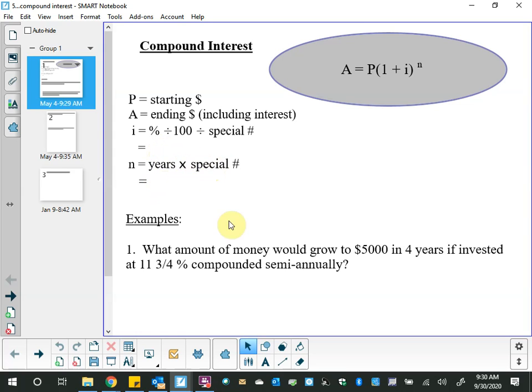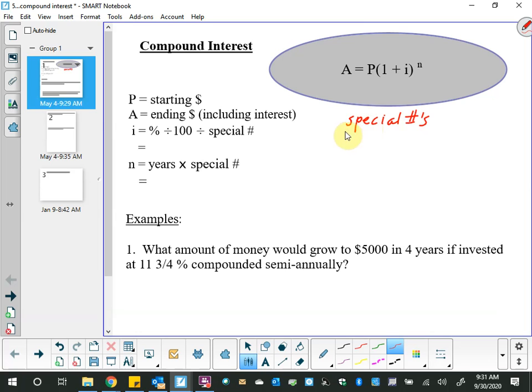So let's look at the special numbers, and they're pretty logical, I think. I'm going to write this in tiny red. So the special numbers. Hopefully I can fit it in here because there's a bunch of them.